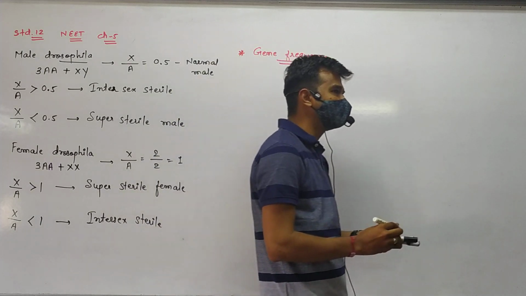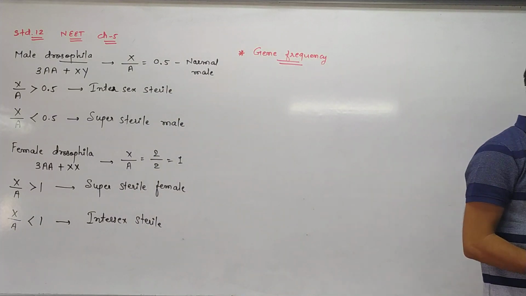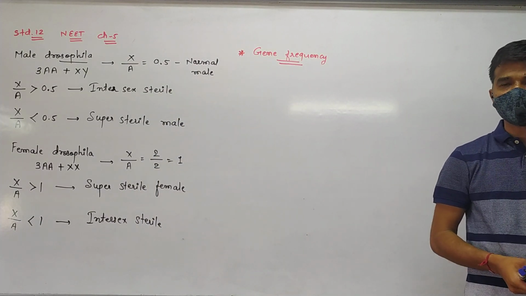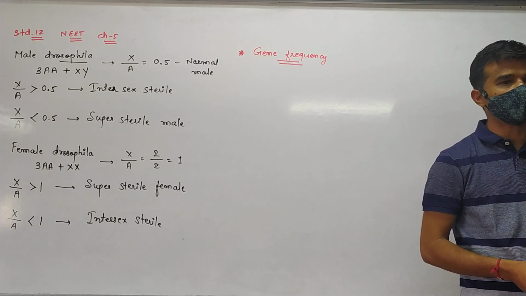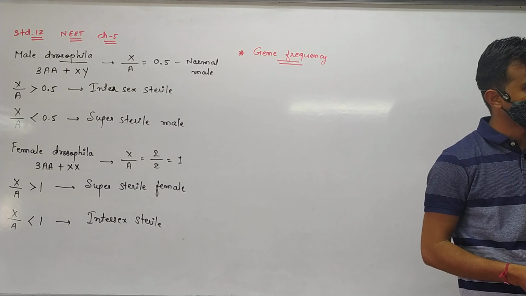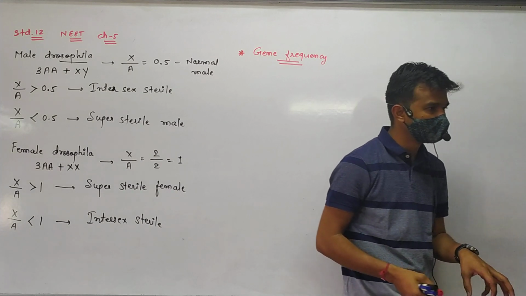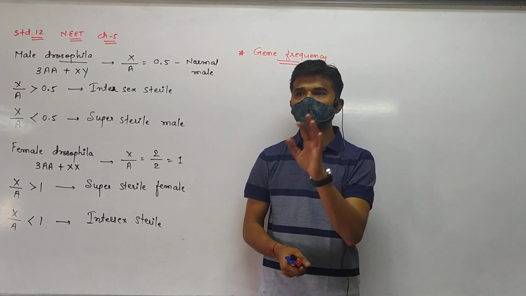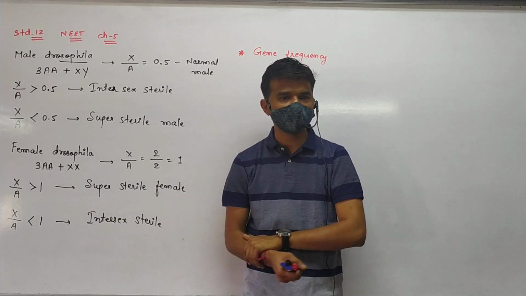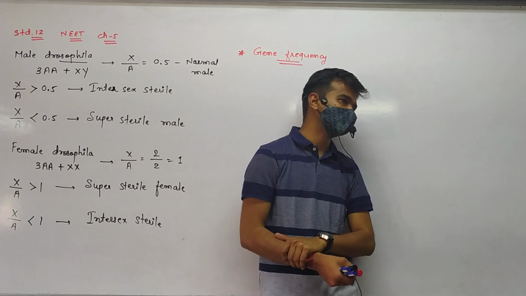What do you mean by gene frequency? The number of individuals in a particular population which consist of the homozygous dominant character, homozygous recessive character, as well as heterozygous condition.